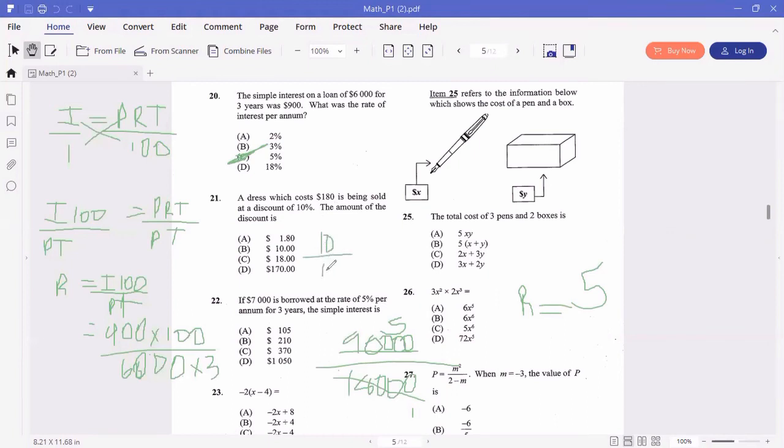Since they don't ask for the amount you paid for the dress, I can go ahead and do the traditional route, which is 10 over 100 times 180. 10 into itself 1, 10 into 100 goes 10 times. 10 into itself 1, 10 into 180 goes 18 times. So therefore the discount amounted to $18, which in this case is C.